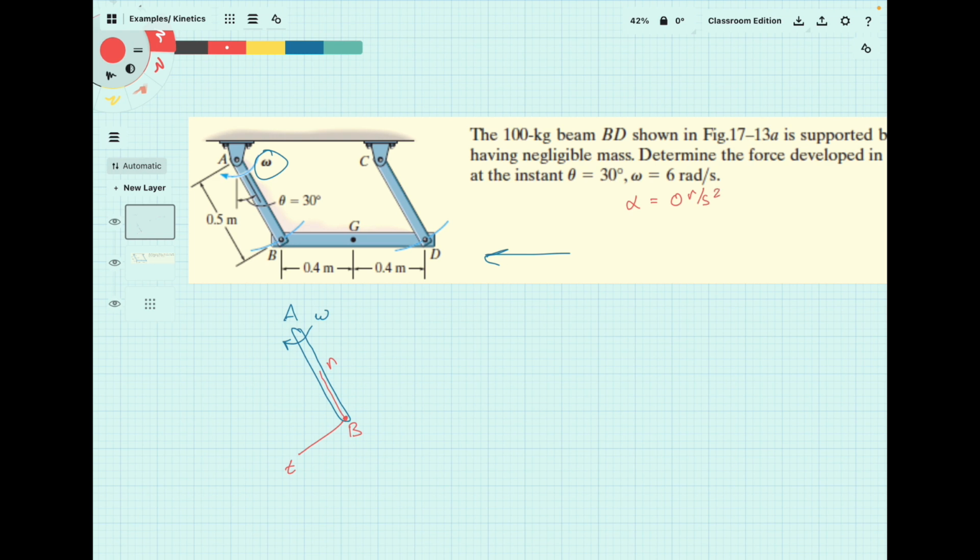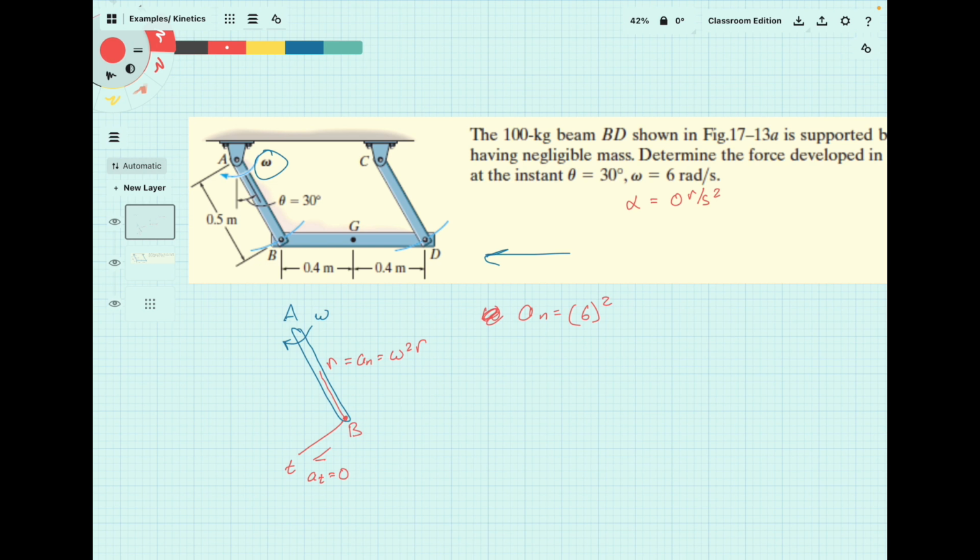And that means that the tangential acceleration in this little system also has to be equal to 0, but the normal acceleration, AN, is going to be equal to omega squared R. So AN is equal to omega squared, which is given as 6. I'll just take the direction as shown as positive.